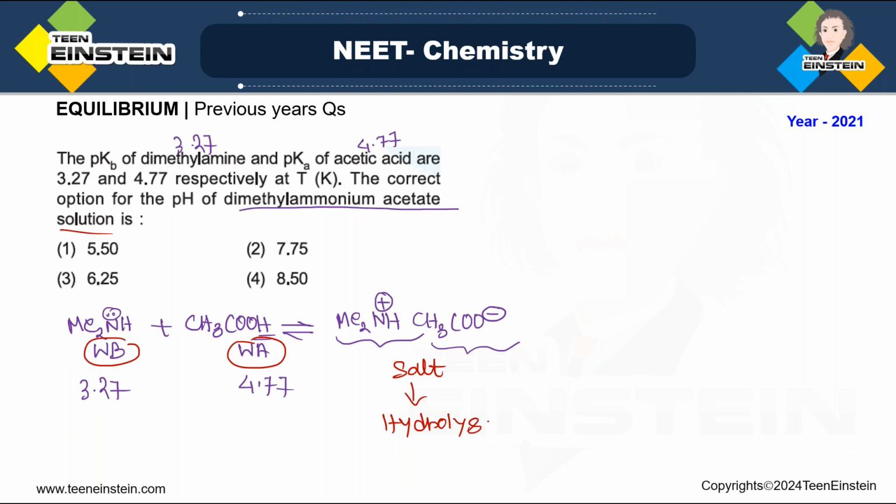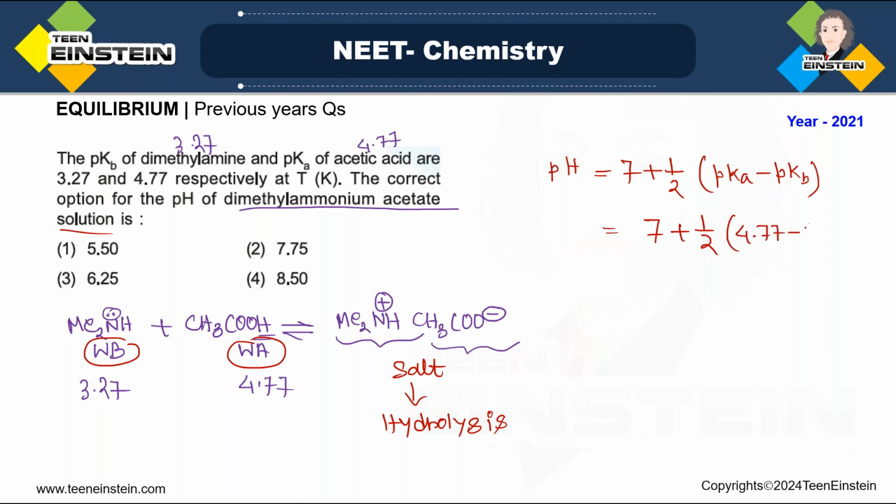So there is a particular formula for hydrolysis of a salt which is produced from weak base and weak acid, and that formula is 7 plus half pKa minus pKb. This is very straightforward. If you know the formula, this question is not something very difficult.